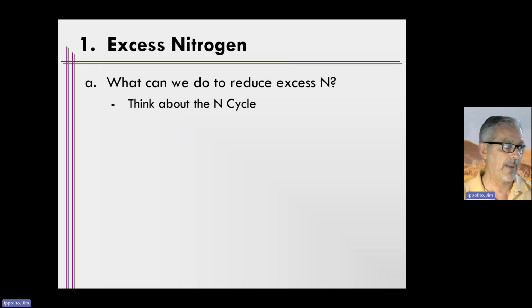I guess you could remove that cover crop, especially if it's a cover crop that could be used for animals. Maybe you could just grow a cover crop, tie up the nitrogen in the above ground plant material, and then introduce animals or livestock into the system. Anything to remove nitrogen from the soil is the key with respect to excess nitrogen.